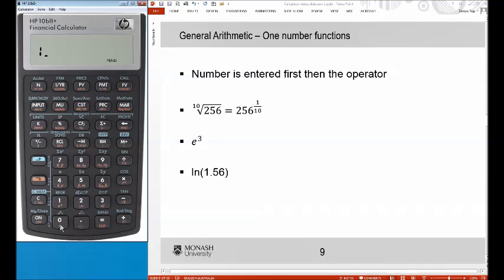So we press 10, then inverse. And the display will show the result of 1 over 10, which is 0.1. Then to complete the calculation, press equal. And the answer is 1.7411.